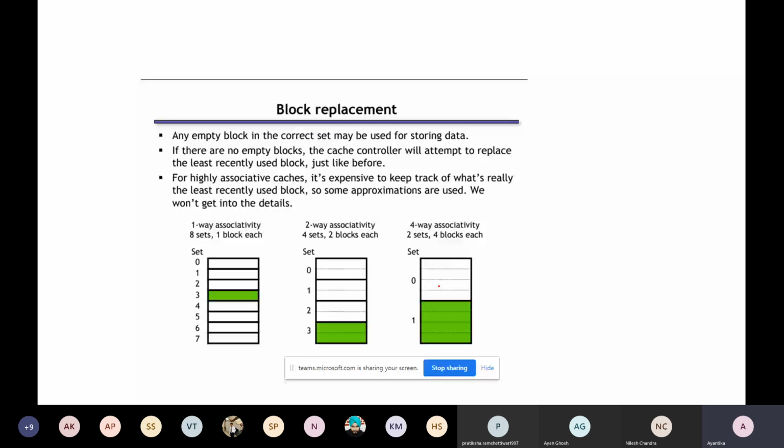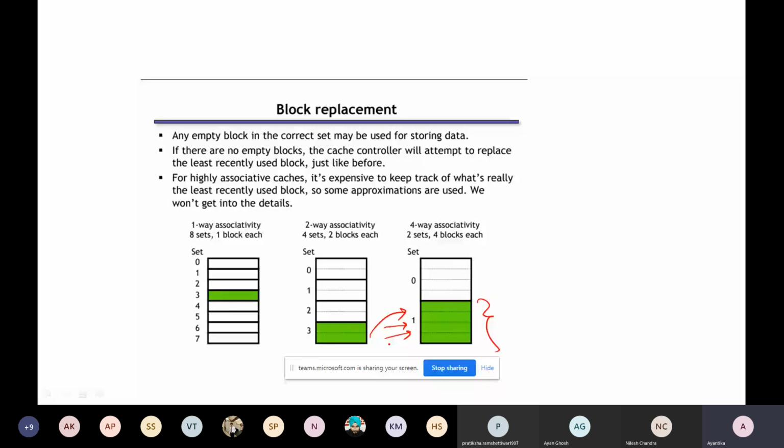The in-between solution is that we consider one set, and an empty block in the correct set may be used for storing data, so that one block can be mapped to any of the blocks within the set.